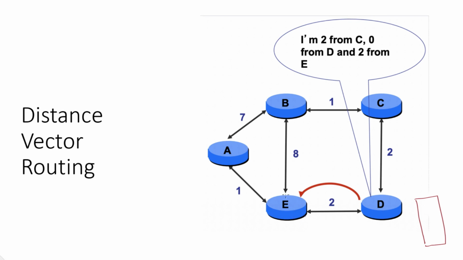D will propagate this information to every neighbor, which means to E also, and to C also. Similarly, this information will get propagated by every router to every other router.